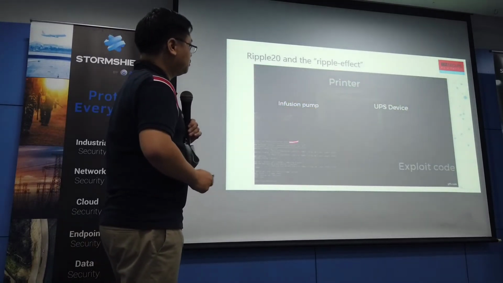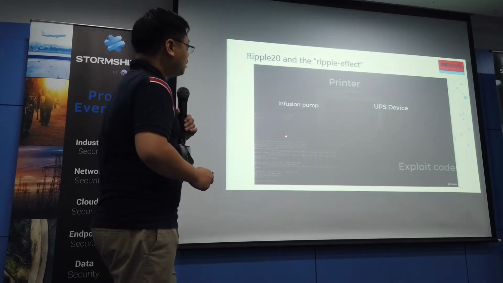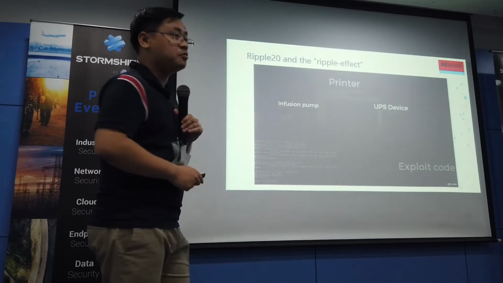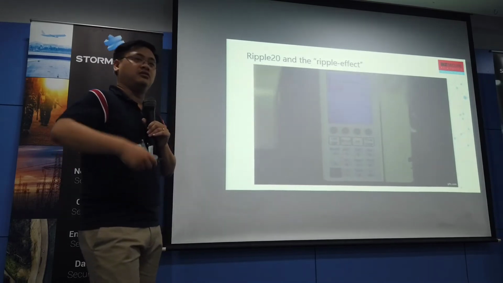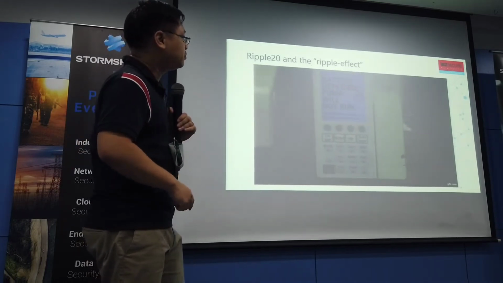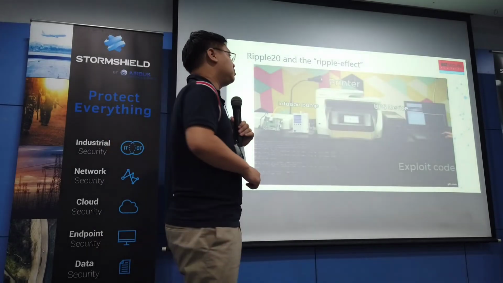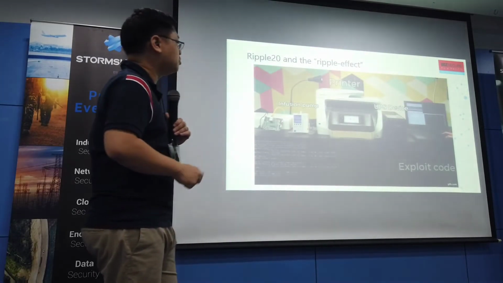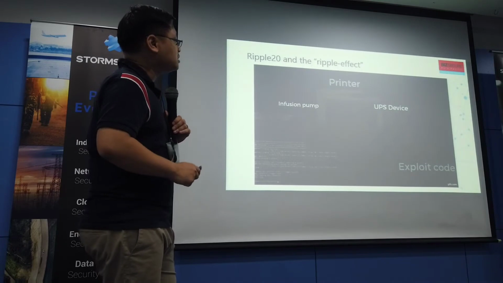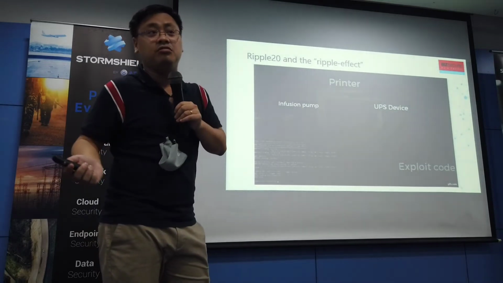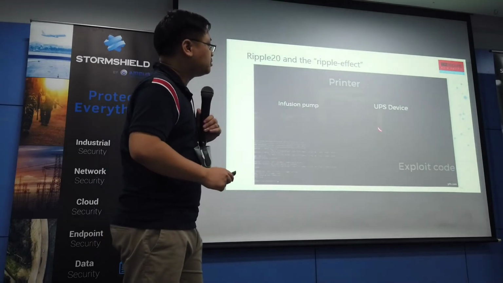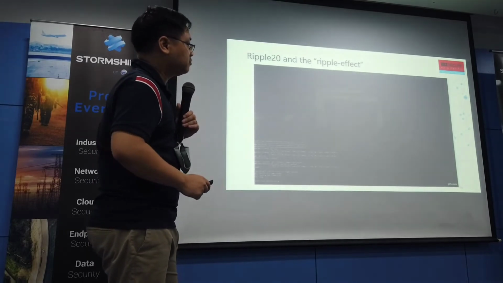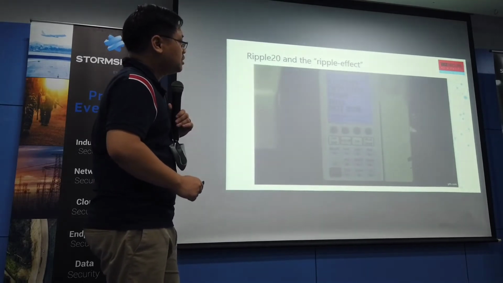I have what we call an infusion pump. It's what you have in the hospital when you're on the bed and they put some fluids, some medicines inside. Second thing is a printer, classic printer. And the third thing is a UPS device.